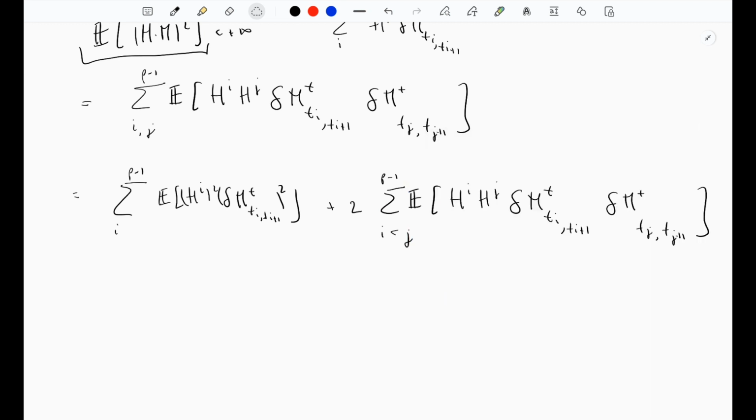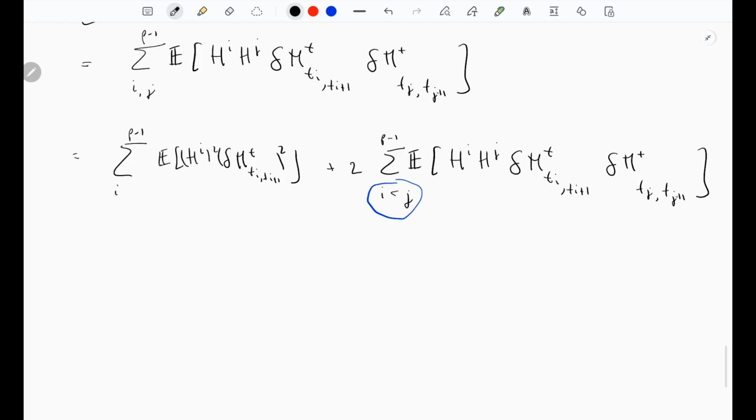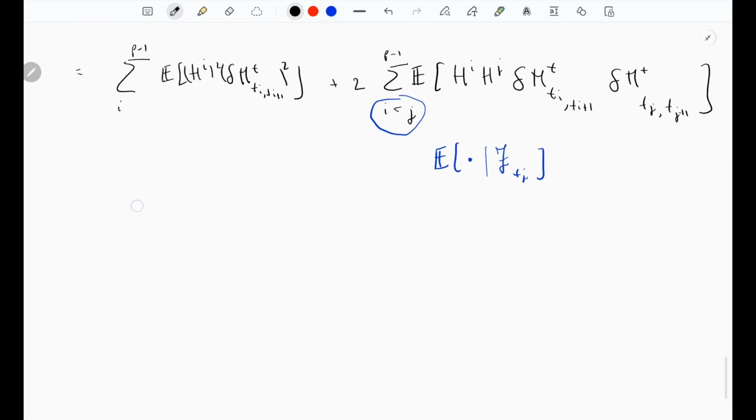Now what you do is you condition everything on t_j. This is not important because it's F_tj measurable. You're assuming that i is smaller than j, right? So if you condition everything on t_j, that's again the filtration F_tj.